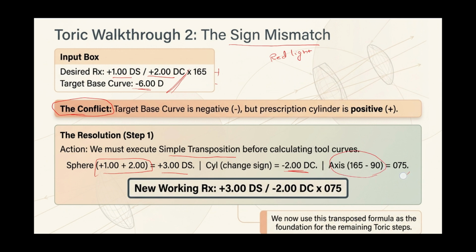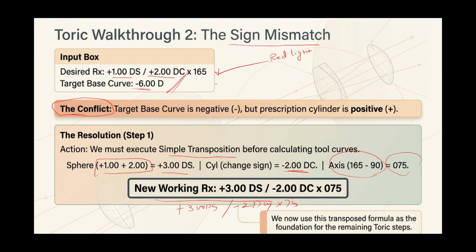So the new axis is 75. So what is the target? The new target is not this. It is this, that we are going to do toric transposition. We are trying to achieve plus 3 diopter sphere and minus 2 cylinder at 75 degrees.